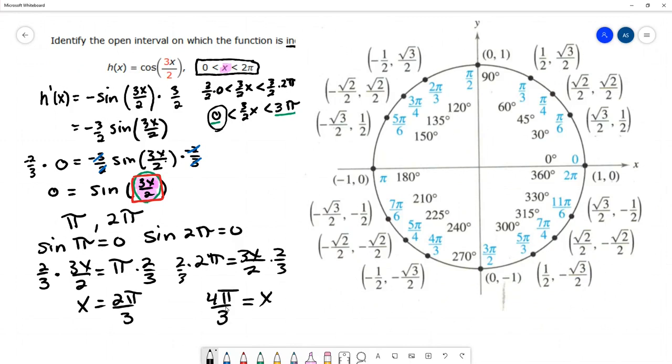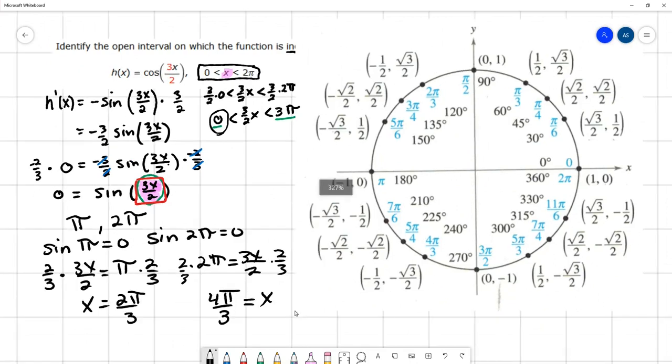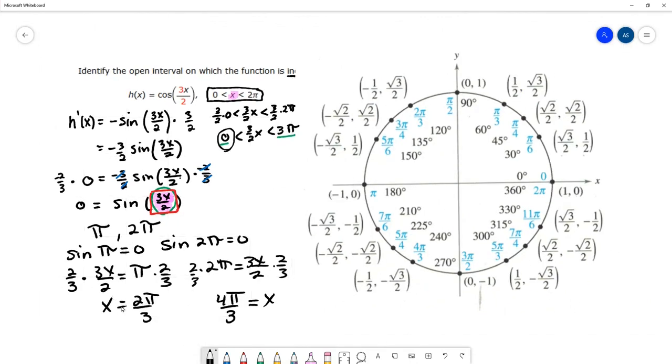So these are the angles where the derivative is equal to 0, and these are the critical numbers, and this is going to help us identify those intervals of increasing and decreasing. These are going to act as the boundary points.